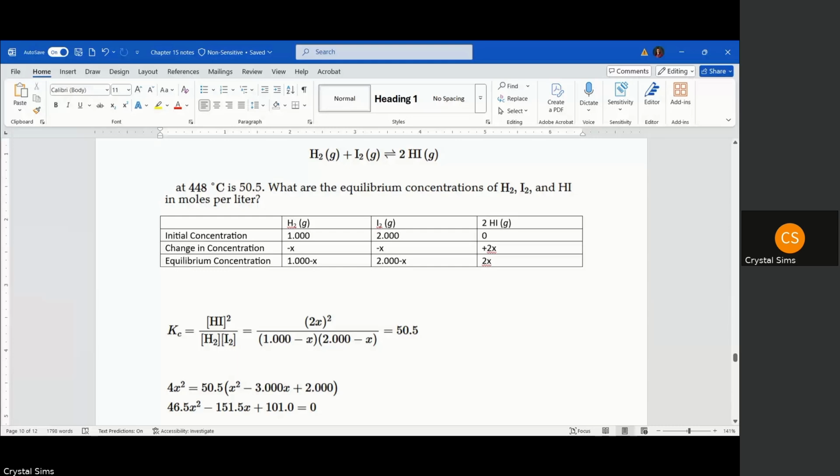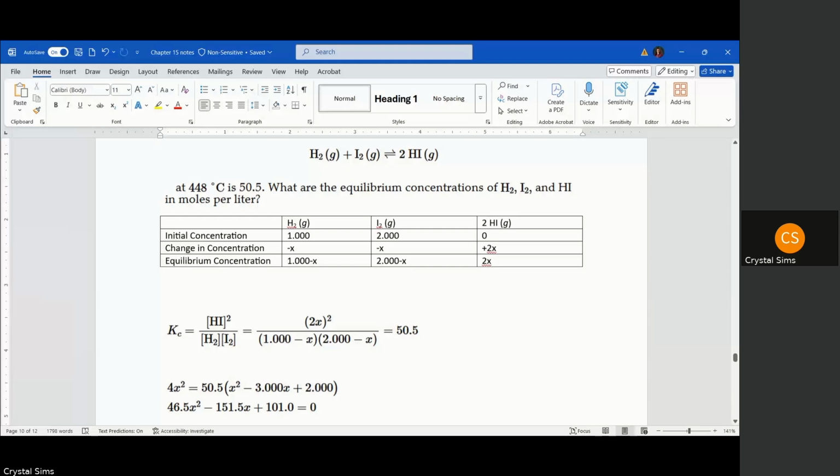Well, how do we solve for X? First thing we've got to do is set up our expression. So we've got HI squared, because our coefficient is 2, divided by our concentration of hydrogen and iodine. We're just going to plug in what we have in the table. We're going to plug in the 2X, because that is our equilibrium concentration for HI, and we're going to square that.